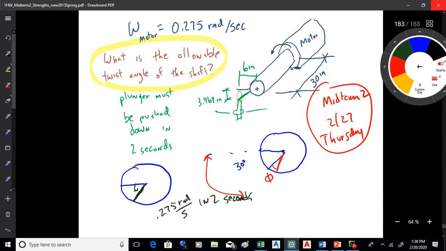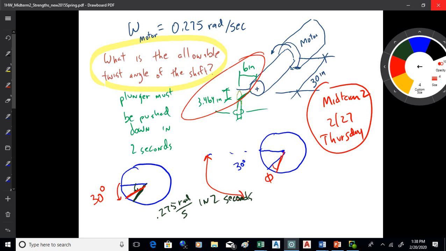Now the front of the shaft has a different thing going on there, okay? The front of the shaft is based on that angle right here, okay? And I think we all figured out that the front of the shaft needs to turn 30 degrees, okay?